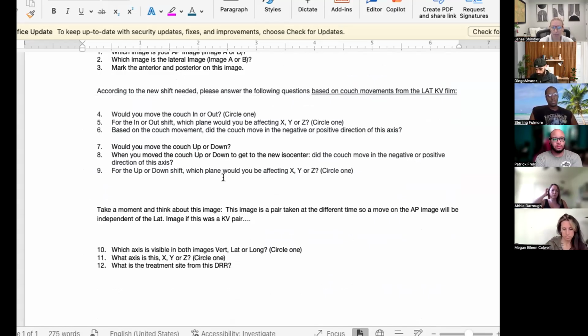But you feel like you have two other planes that could be off. This image pair is taken at different times, so the AP and the lateral are independent. But if it was a pair, which axis is visible on both images: vertical, longitudinal, or lateral? Zena.